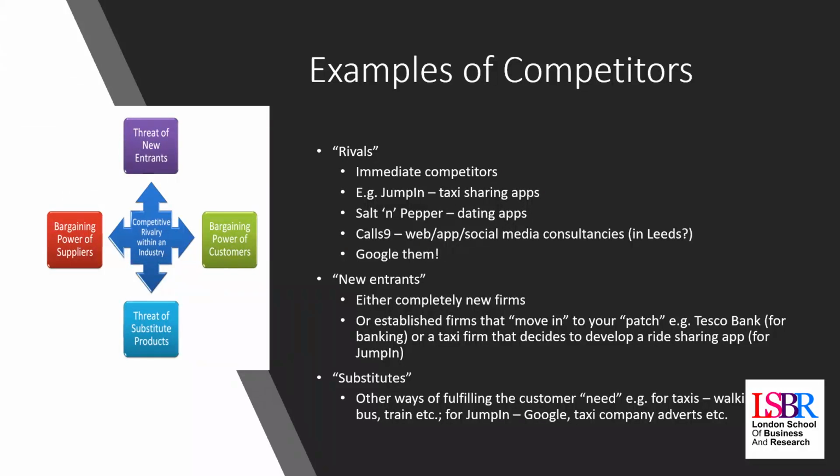So Jump In was originally just taxi-based, but they identified a gap in the market for sharing taxis, to allow you to share the bill with other people going to a similar destination as you. So again, these are all ideas that are either completely new, as in they never existed before, or they're new because existing companies have changed their product portfolio, they've adapted, they've grown their product portfolio, okay?